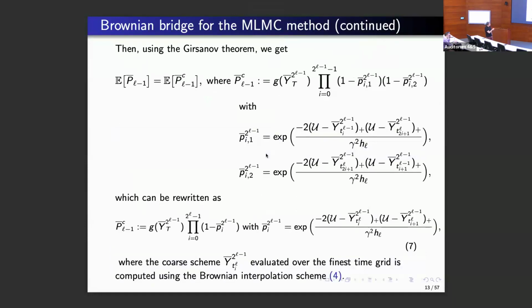And finally, you end up with here, for the coarse approximation, the product of here. Of course, the I here runs on the coarse grid. So that's why you see 2^(L-1), not 2^L. But you have a product of two components, and this helps a lot. These two components come from the Brownian bridge technique.